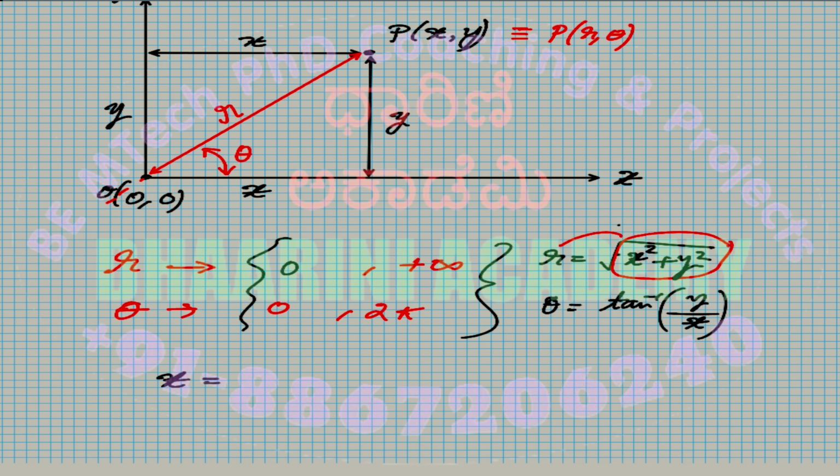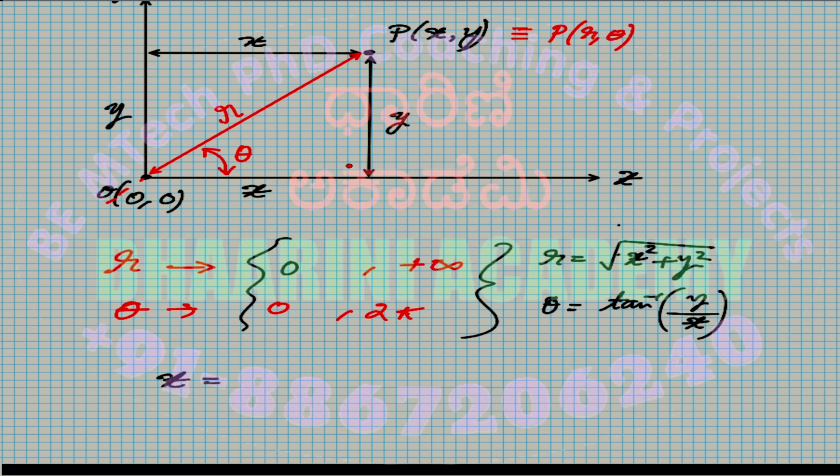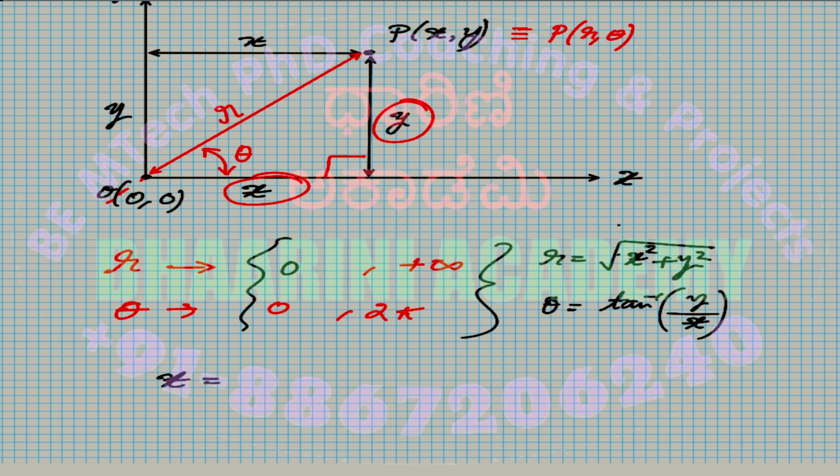In a similar fashion, now I need, you see, this is a right angle triangle. This square plus this square equals this square. We can actually derive it in many other formats also. Let's keep it as simple as possible, because our intention is not to study the polar system. Our intention is simply to solve some problems using that.